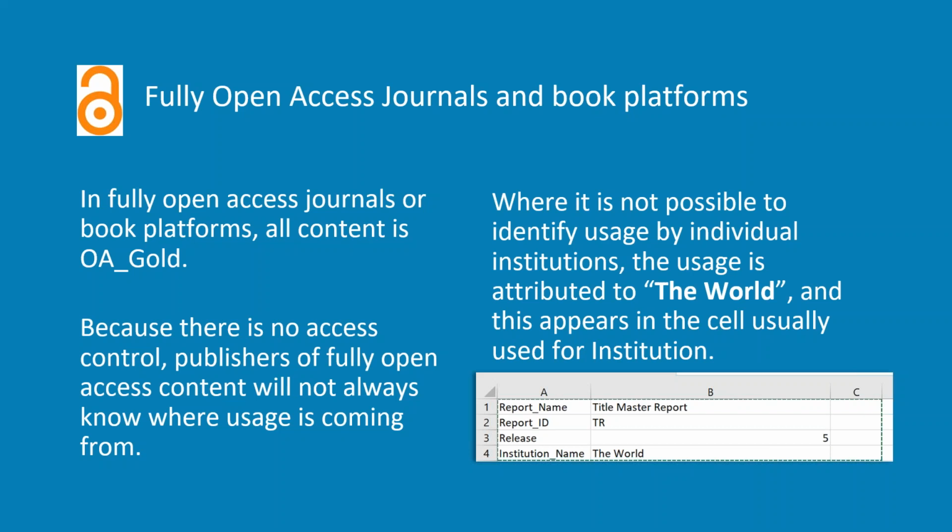And one of the problems in that area in particular is that those books tend to be on lots of different platforms. By their very nature, they're open access books, and usage may be distributed.